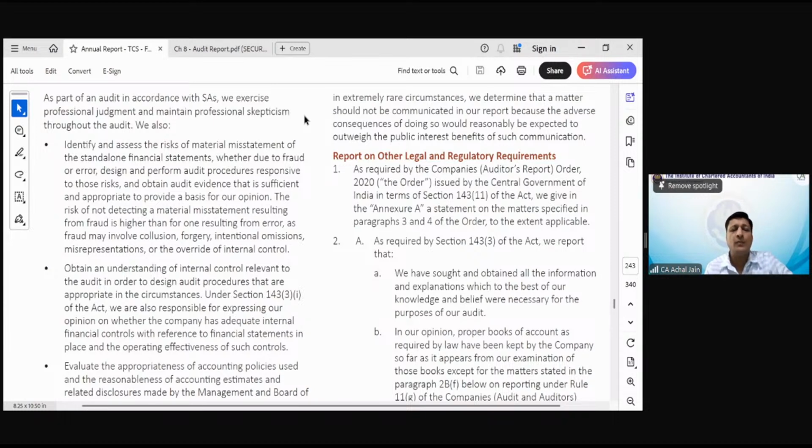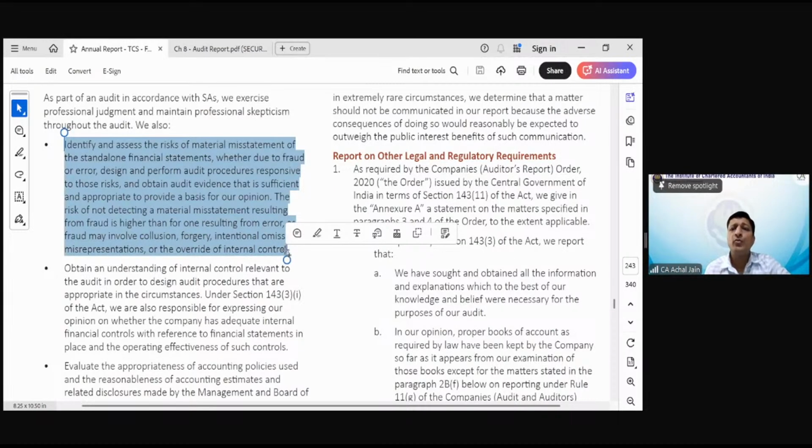Now, he's saying we also identify and assess the risk of material misstatement of the financial statements, whether due to fraud or error. Design and perform audit procedures responsive to those risks. Obtain evidence that is sufficient and appropriate to provide a basis for our opinion.